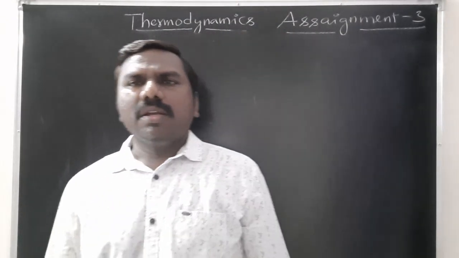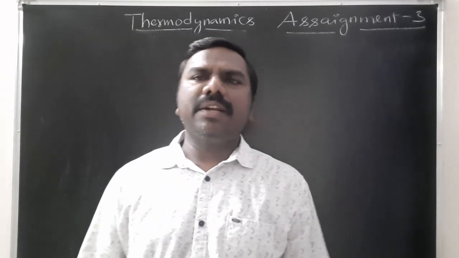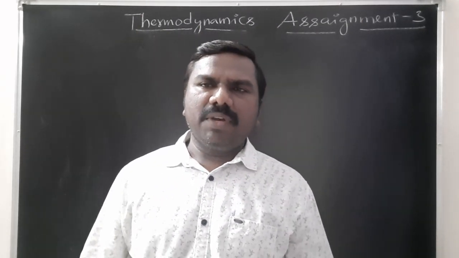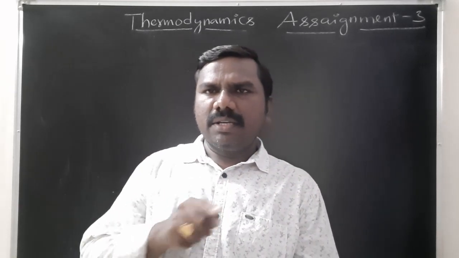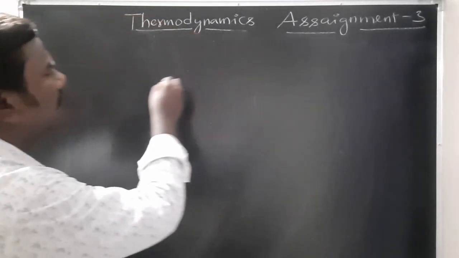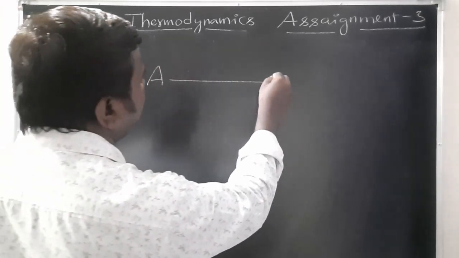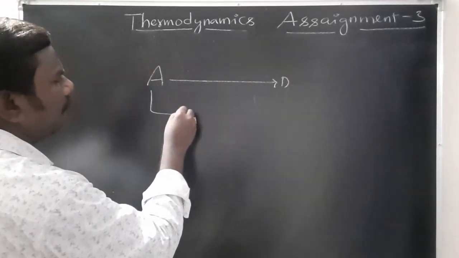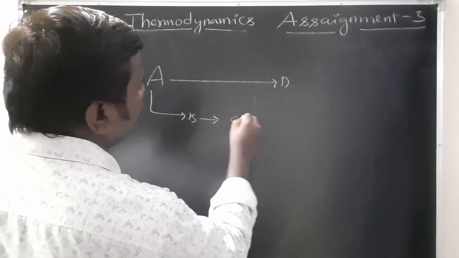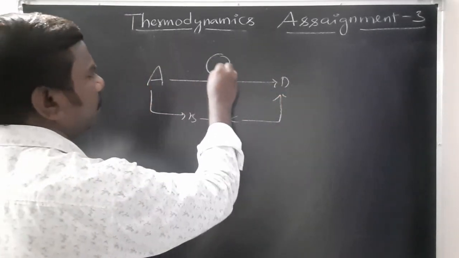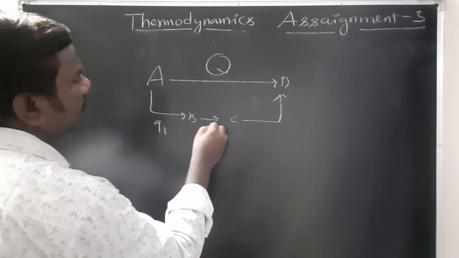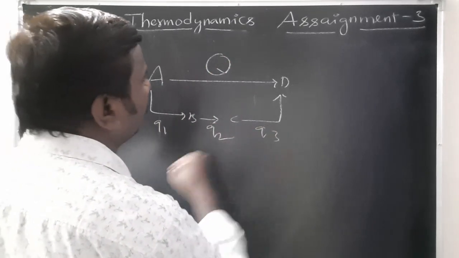Hess law: the total heat content of a system is the same whether the reaction takes place in a single step or in many steps. For example, A gives rise to D, otherwise A to B, B to C, C to D. Here it is Q, Q1, Q2, Q3.